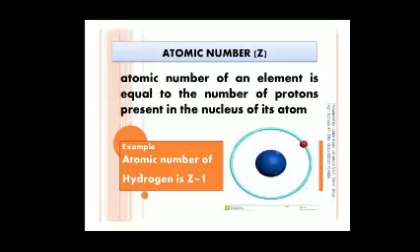Atomic number was proposed by Moseley based on the results of X-ray spectral studies. It gave a relation between the frequency of X-rays and atomic number, a characteristic property of an element.